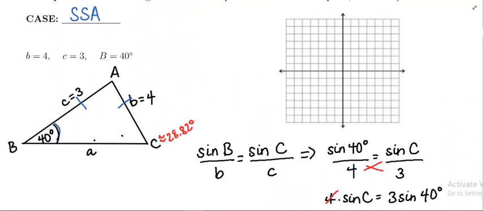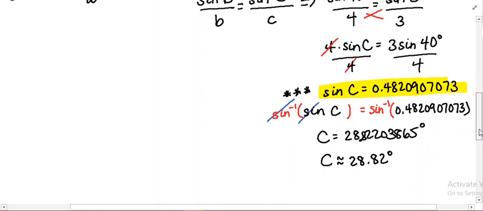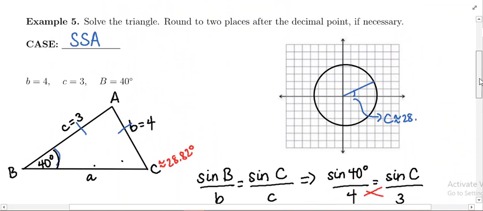If you were to look at the unit circle, I'm just going to draw a circle, and this is going to be our unit circle. We found angle C to be about 28.82 degrees, so almost 30 degrees. If you were to put this angle C on here, I'm just estimating, just eyeballing. Say this were angle C at this point, about 28.82 degrees.